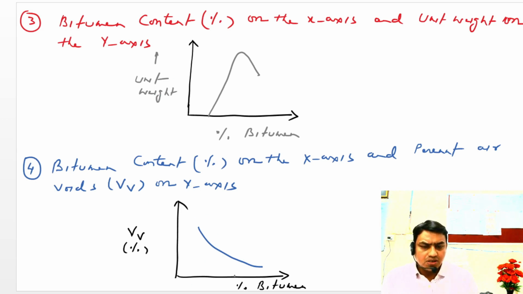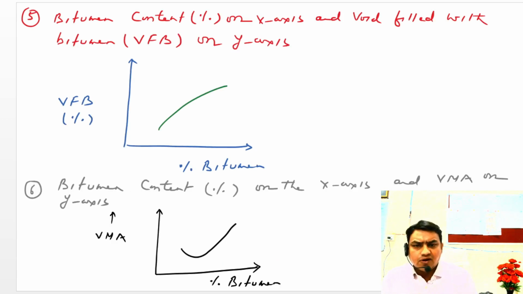So with increase in bitumen content, percentage air voids decreases. Similarly, voids filled with bitumen: with increase in bitumen content, voids filled with bitumen increases. And the last is bitumen content percentage on the x-axis and voids mineral aggregate on the y-axis.